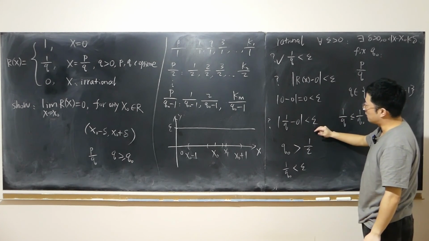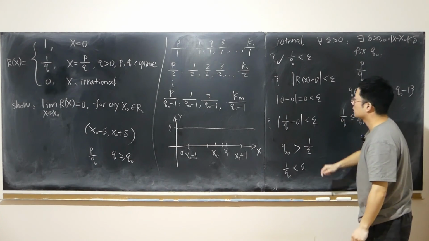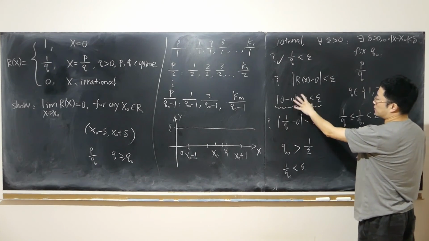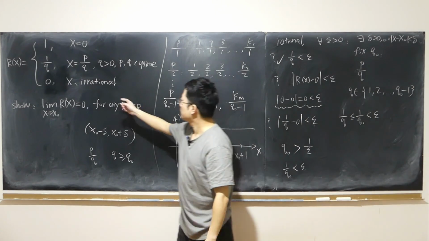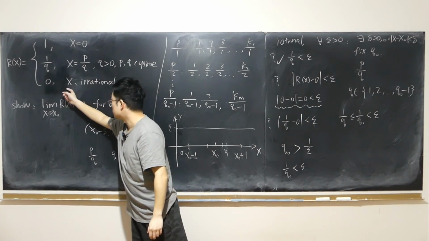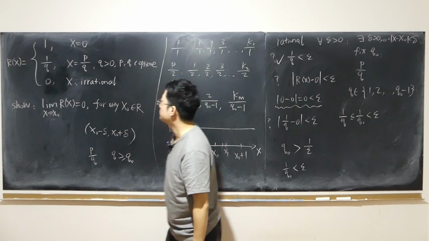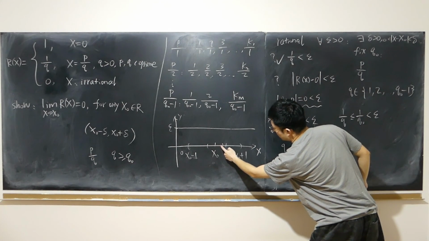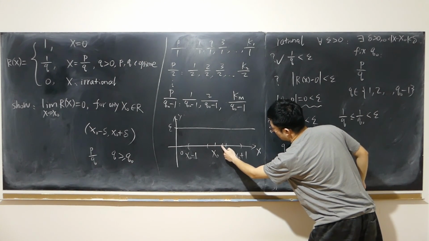And also, like I said, the irrationals are safe. Irrationals, functional values are 0, always 0. Every irrational number is always defined to be 0.